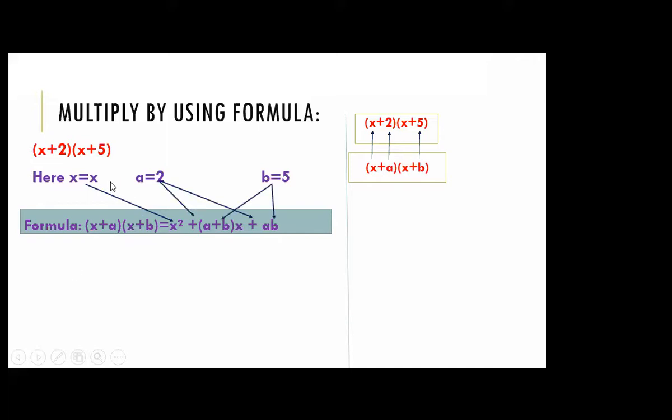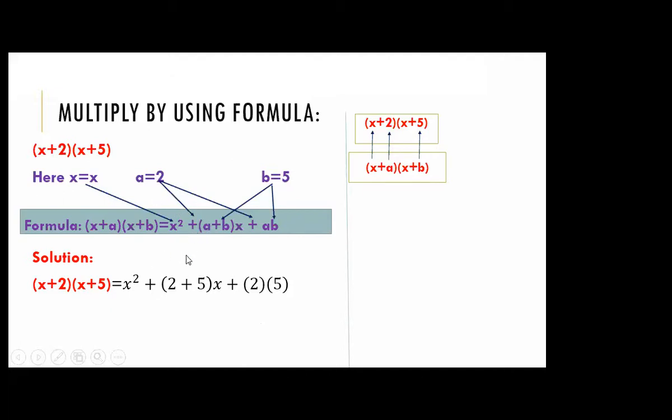Now in the solution we are going to put these values in the formula. First we copy down the question, that is (x + 2)(x + 5). That is equal to x², since the first term is x. The plus is copied from the question.